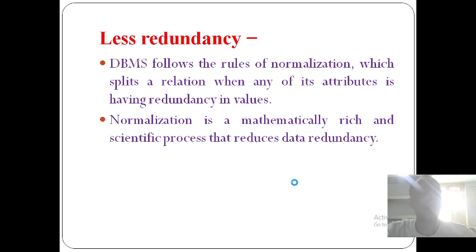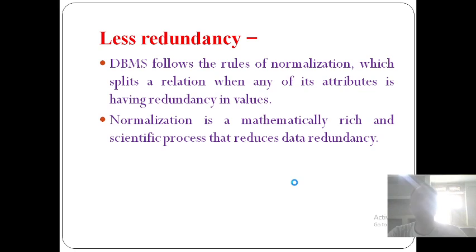Now, DBMS follows the rules of normalization, which splits a relation when any of its attributes is having redundancy in values. Okay, that we are going to discuss later. This is in general about less redundancy.